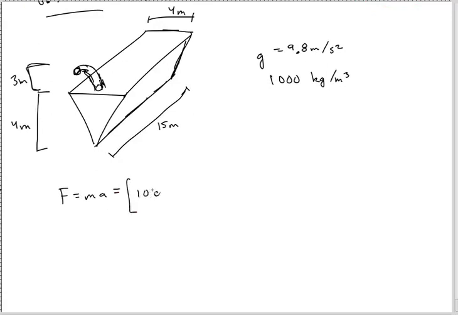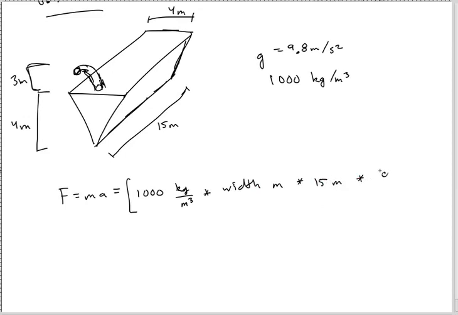I got 1,000 for my density, and that is in the units of kilograms per meter cubed. And then I'm going to multiply it by the width, which is in meters. And then I'm going to multiply that by the length, which is in meters.